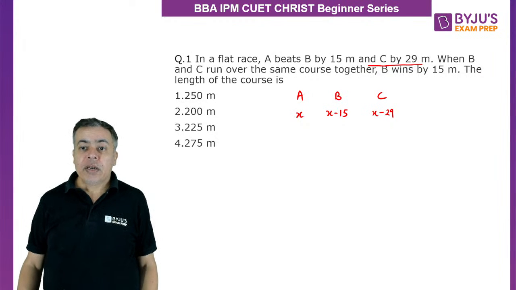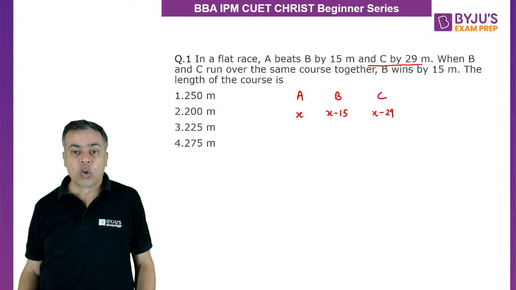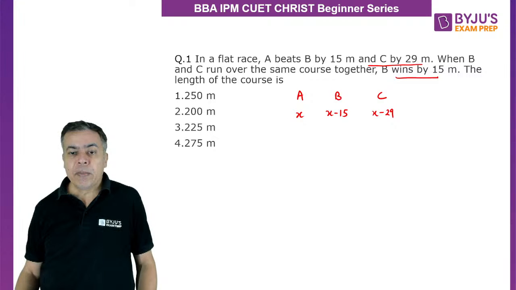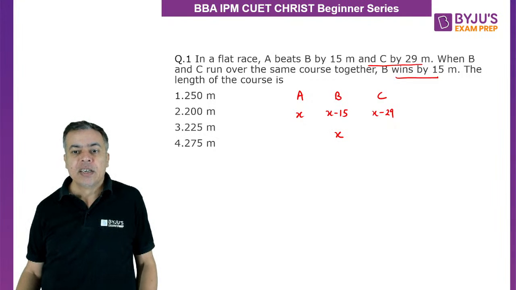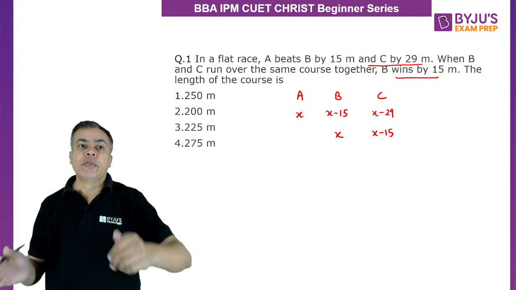But now it is also given that if B and C run over the same course together, B wins by 15 meter. That means when B covers x meter then C must be covering x minus 15 meter. When B finishes the race, C must be 15 meters behind.